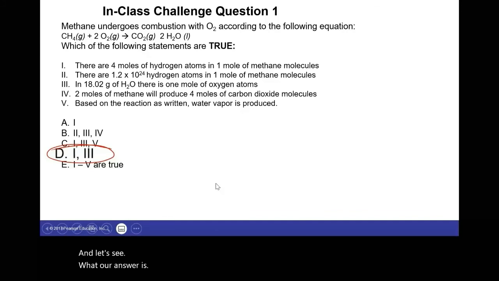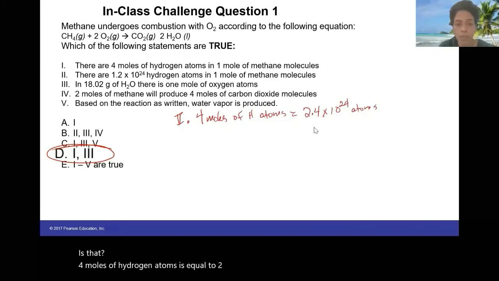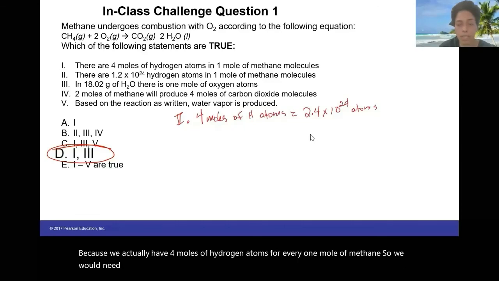The answer is D. If we were to write true statements, a true statement for number 2 is that 4 moles of hydrogen atoms is equal to 2.4 times 10 to the 24 atoms, right? Because we actually have 4 moles of hydrogen atoms for every 1 mole of methane. So we would need 2.4 times 10 to the 24 atoms.